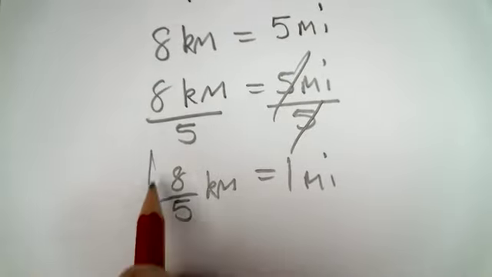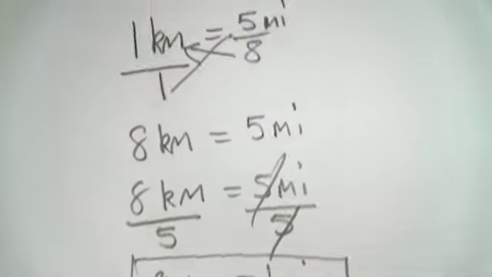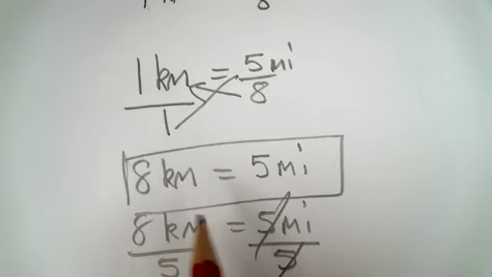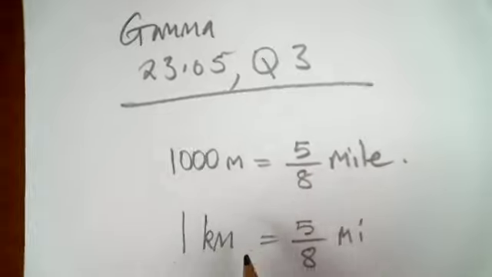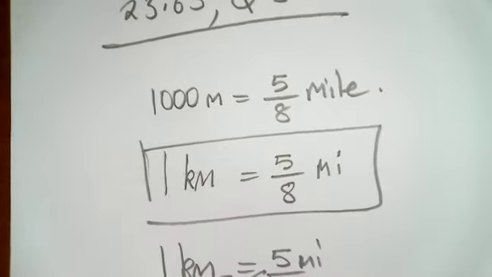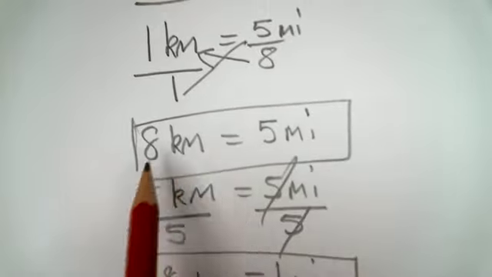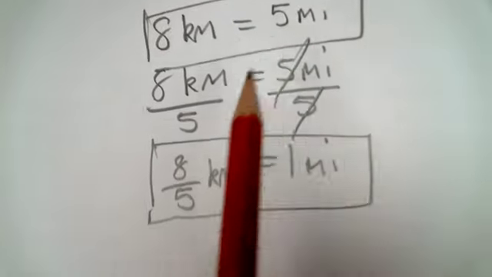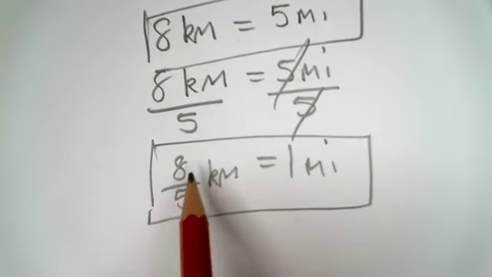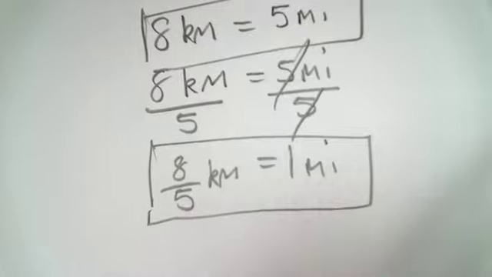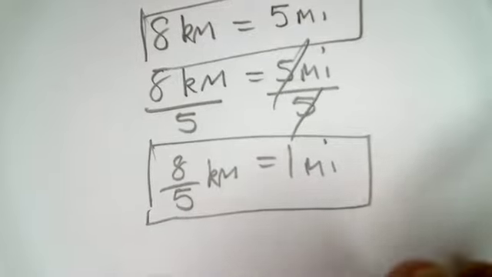So I've got a few relationships here which we can work out in terms of fractions. Here they are: 1 kilometer is 5/8 of a mile. We know that 8 kilometers is 5 miles. And we know that 8/5 of a kilometer is equal to 1 mile. So we can just use a bit of algebra there to sort that out.